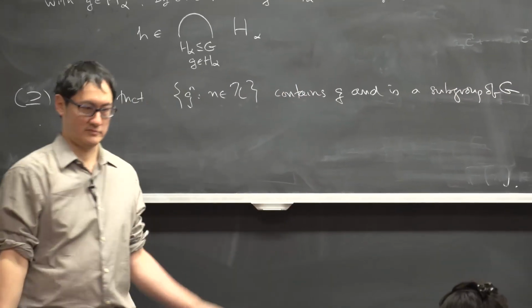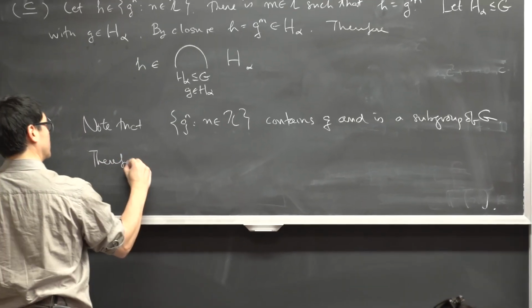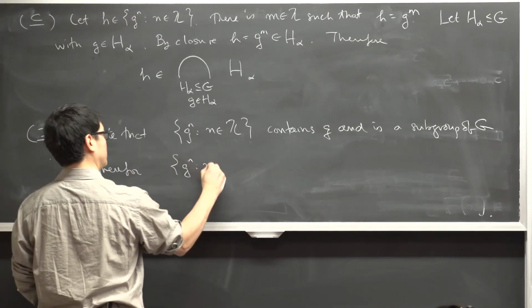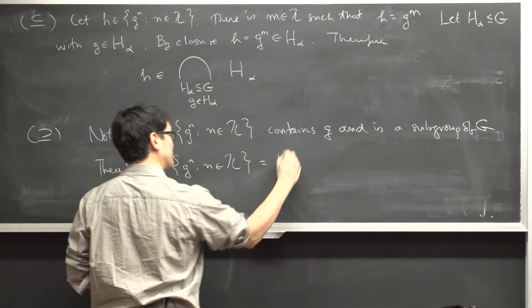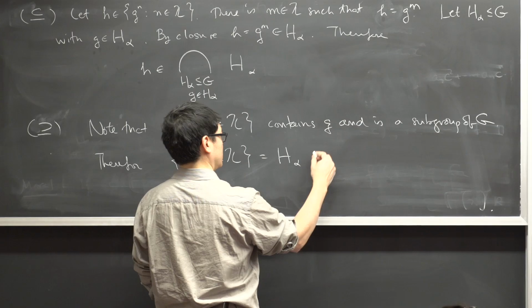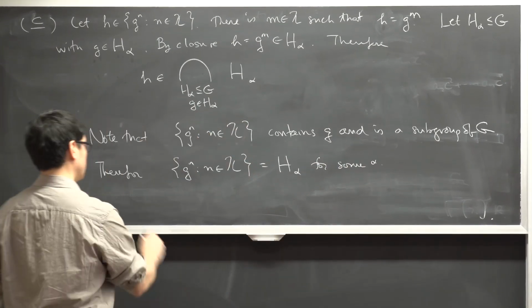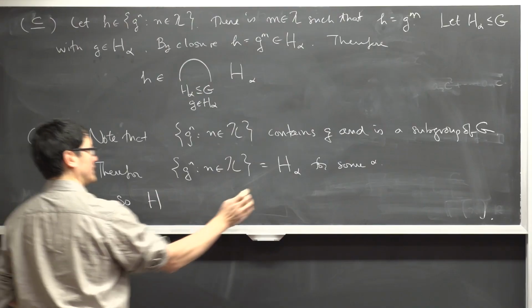Everybody agree? We showed that it was a subgroup earlier. Therefore, this guy right here is equal to an H alpha for some alpha. Well, let's call it beta.